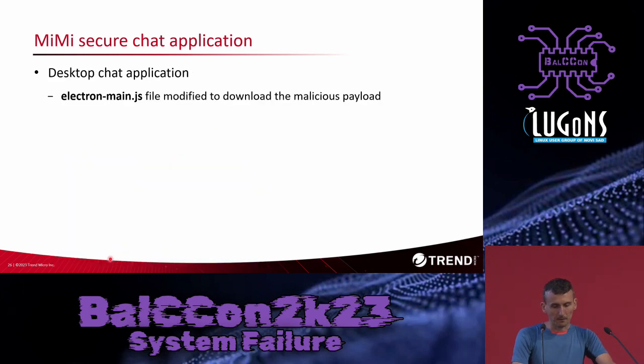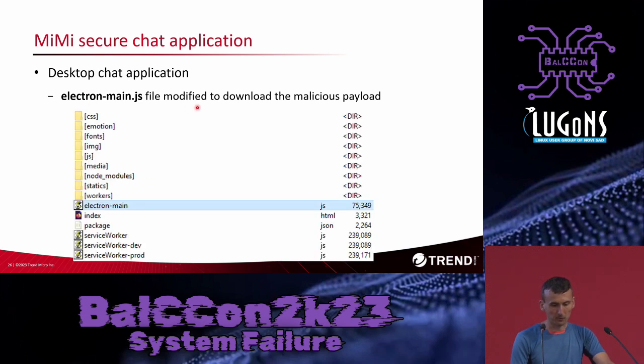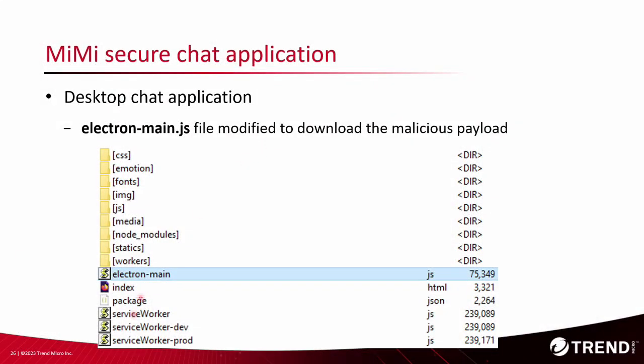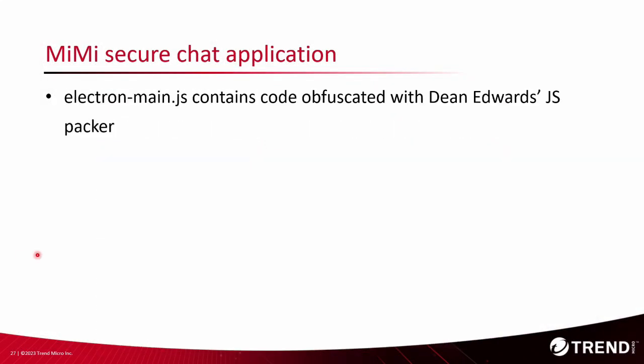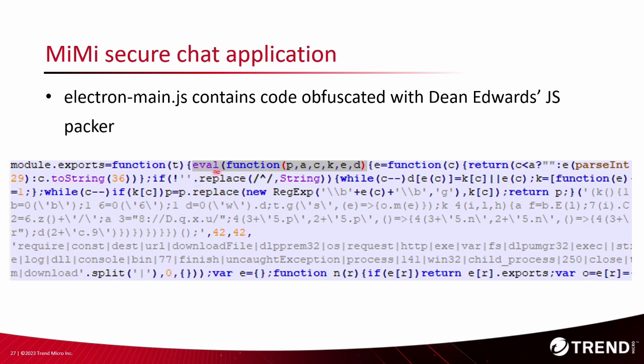So when we extract this app.asar archive of the desktop versions, we can check the JavaScript files, and in one file which is called electron-main.js, one of many JavaScript files in the archive, we can notice this kind of suspicious marker.